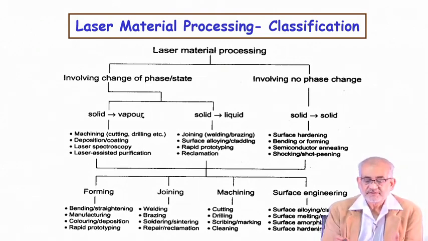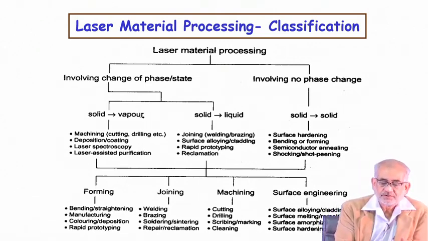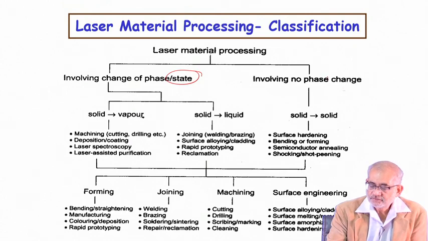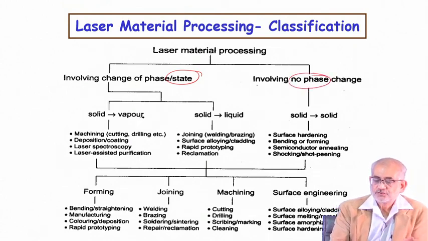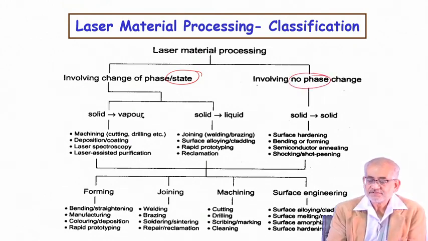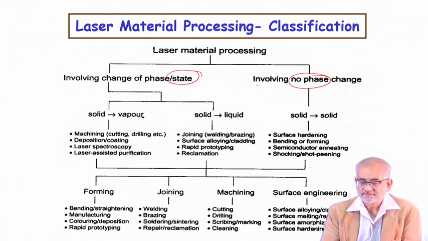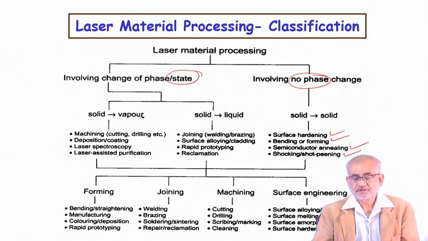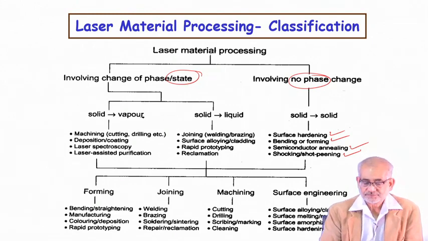In terms of laser material processing, we are talking about possibilities which may involve change of physical state, or involving no change of physical state. No change of physical state means we have a solid, we simply heat the solid to a higher temperature and then allow it to cool by itself. That kind of application could be surface hardening, bending or forming, or semiconductor annealing, even laser peening or laser shock peening, and so on.